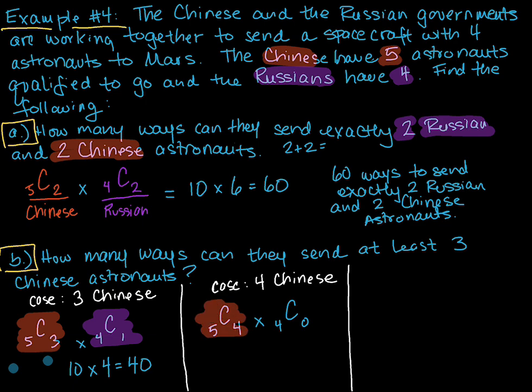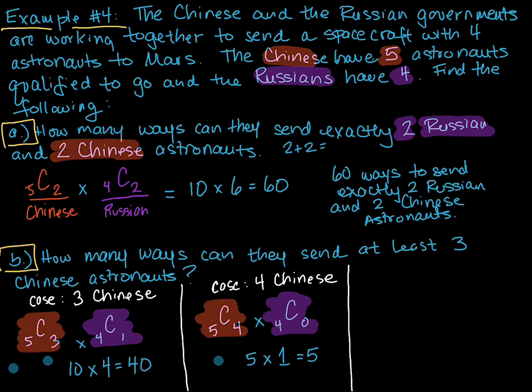Out of the 5 Chinese, choosing 4, out of the 4 Russians, choosing none. So 5 choose 4 is 5. You can do that in your calculator if you want. And 4 choose 0, well, there's only one way to choose none of the Russians, and that's to choose none of them. So we get 5 times 1 equals 5.